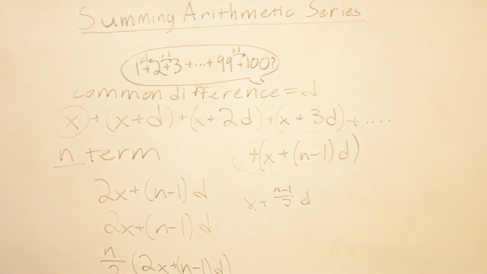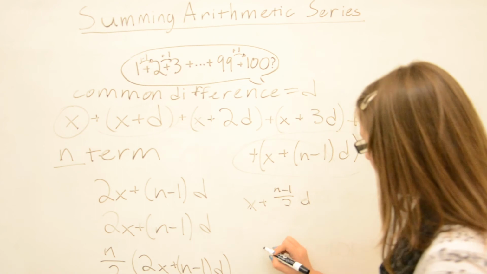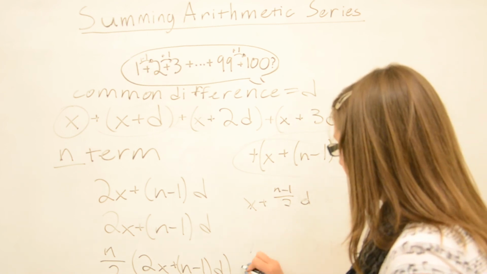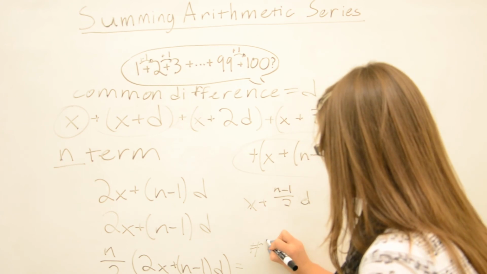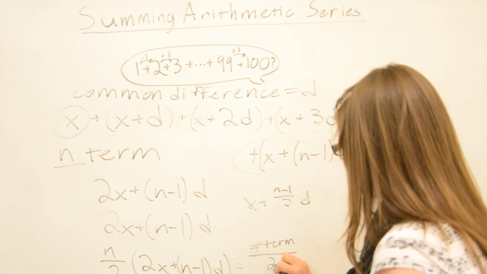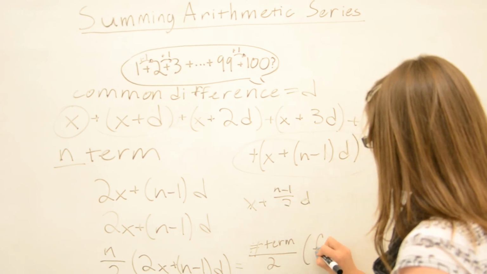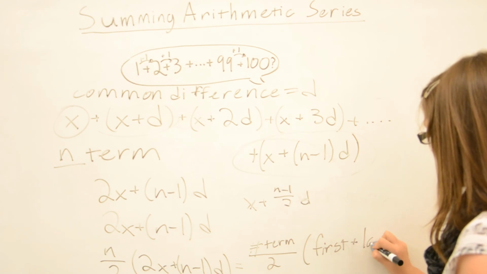Now this looks kind of weird, but you can also just remember this by writing it more like this, which equals number of terms divided by 2 times first plus last.